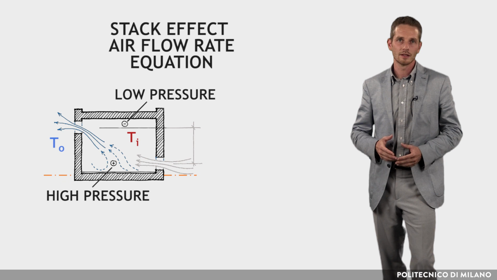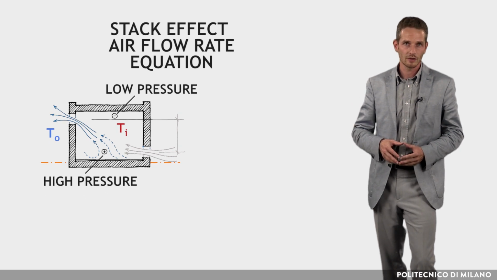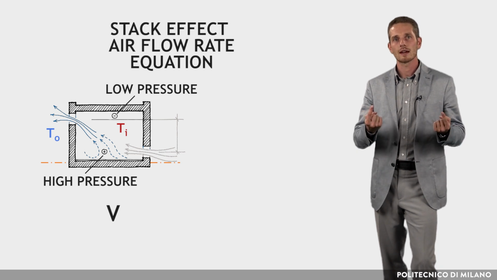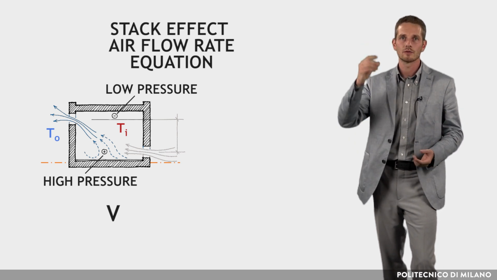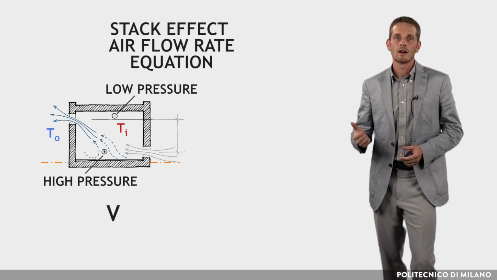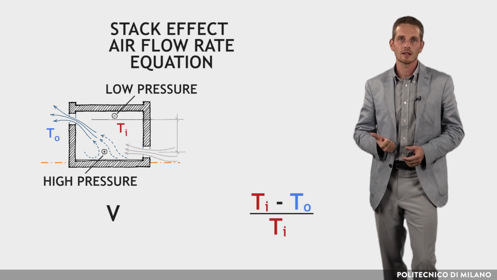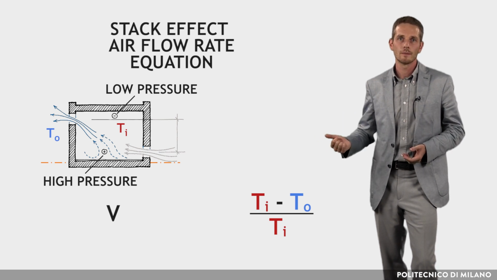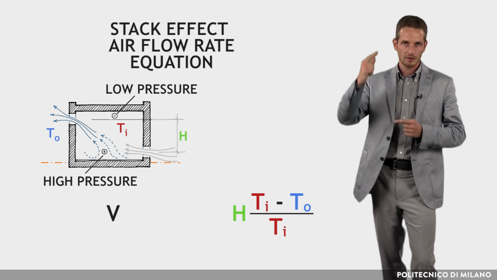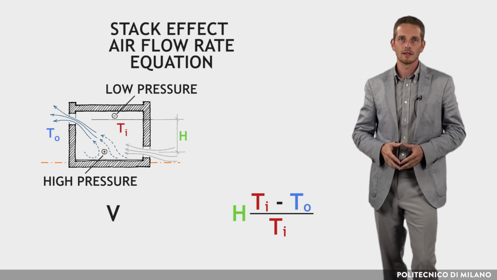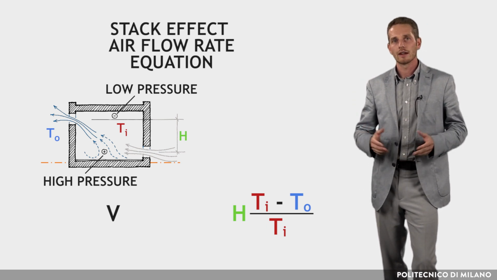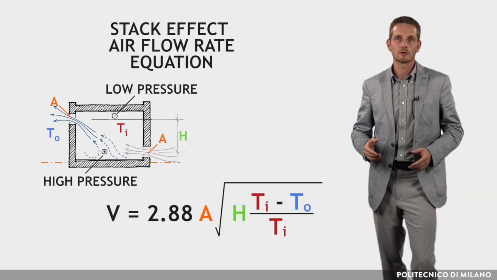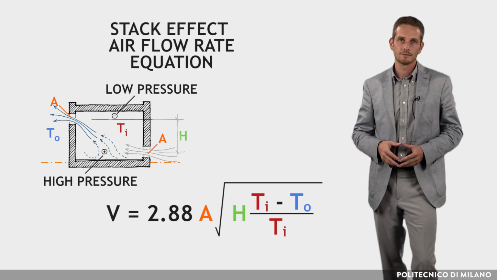In the absence of wind, if internal resistance to flow is not significant, the airflow rate V crossing two equal-size openings at different heights through the stack effect depends on the difference between the internal average temperature Ti and the external one To, on the height difference H between the two openings, and on their net equal area A multiplied by a constant factor equal to 2.88.